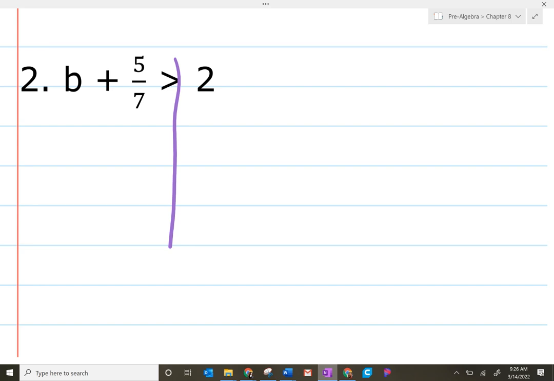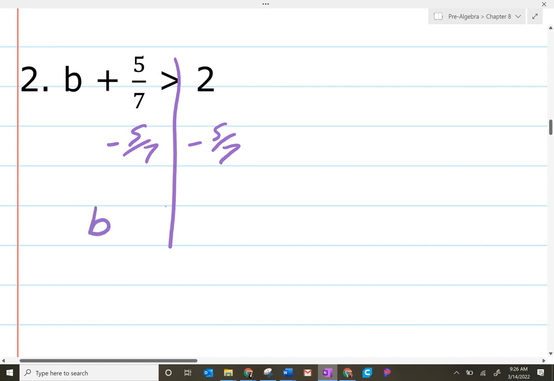Step 2, Austin, what do you got? Subtract 5/7. Perfect, minus 5/7 to both sides. Yeah. I got B greater than 2 minus 5/7.